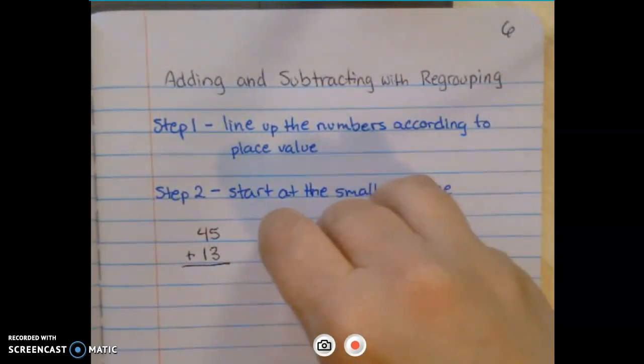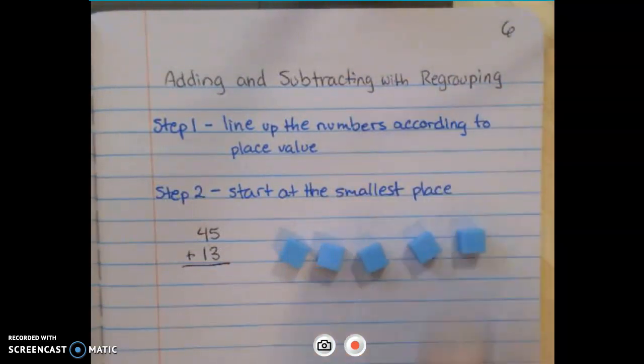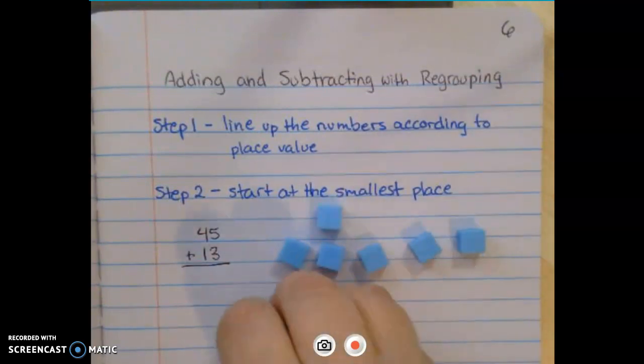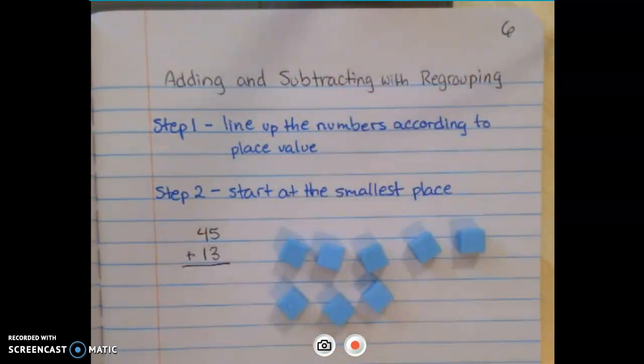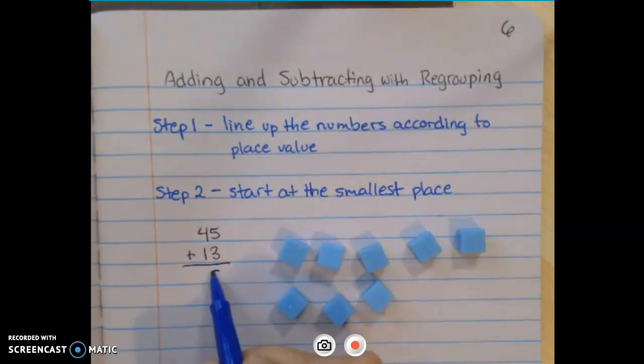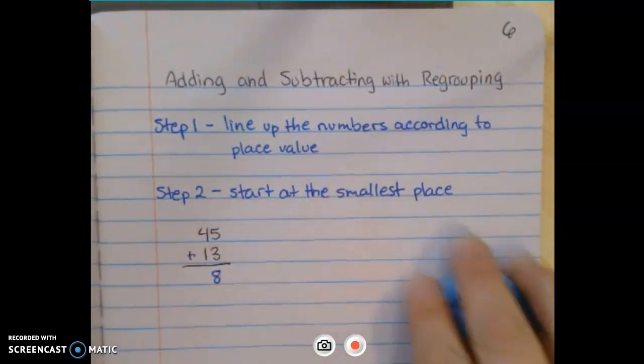So I'm just going to show you to the side. If I have 5 ones and I want to add 3 more, you can see that I have 8 altogether. 5, 6, 7, 8. I'm going to write that 8 in the ones column where I was working. Now I'm going to move on to my tens place.